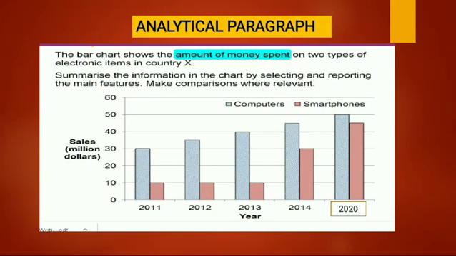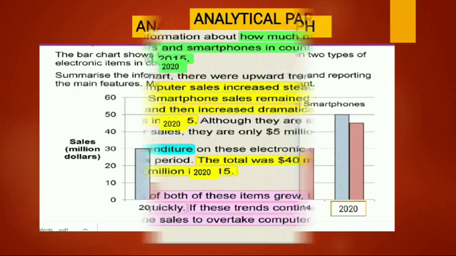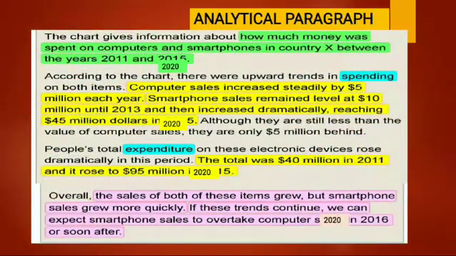The bar chart shows the amount of money spent on two types of electronic items in country X. Summarize the information in the chart by selecting and reporting the main features. Make comparisons where relevant. So this is the answer.